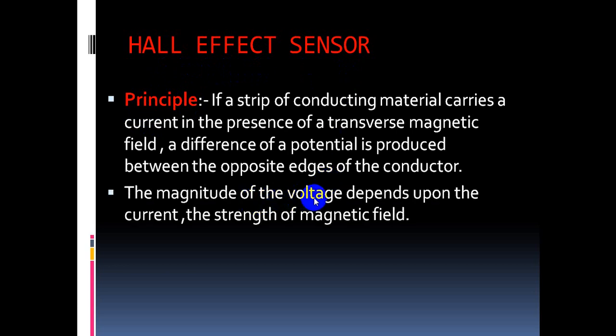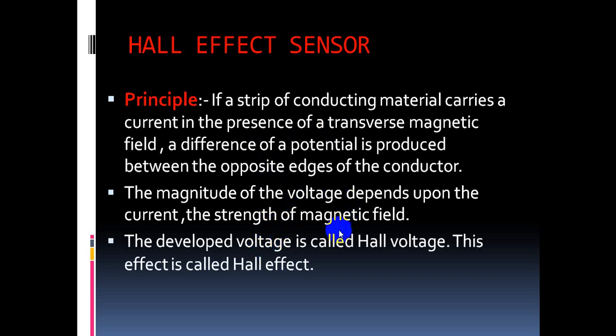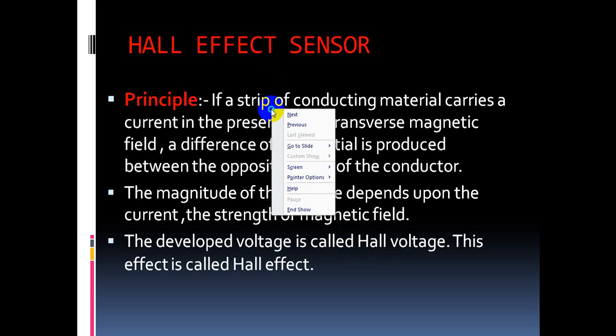The magnitude of output voltage: here a potential difference is produced, that is known as the voltage. The magnitude of that voltage always depends upon the current and strength of the magnetic field which we are applying. And the developed voltage is also known as Hall voltage, and this effect is called Hall effect.